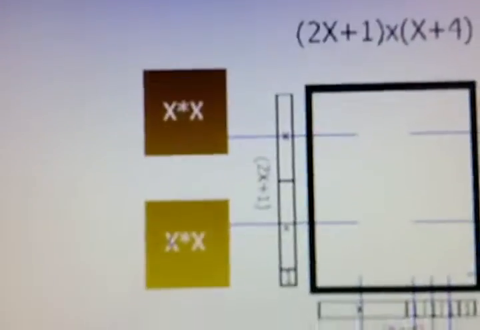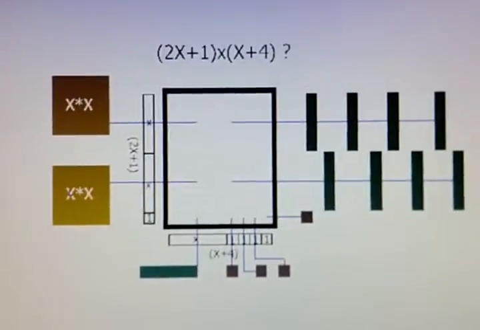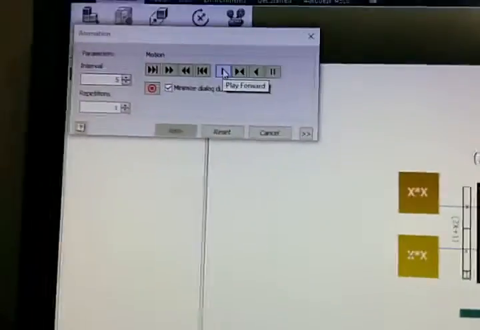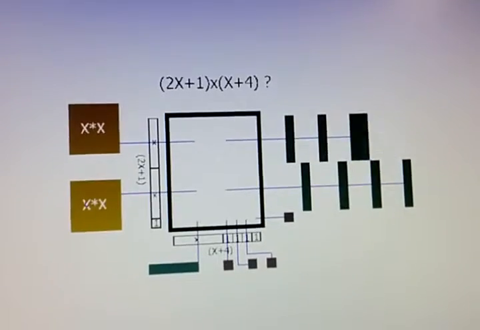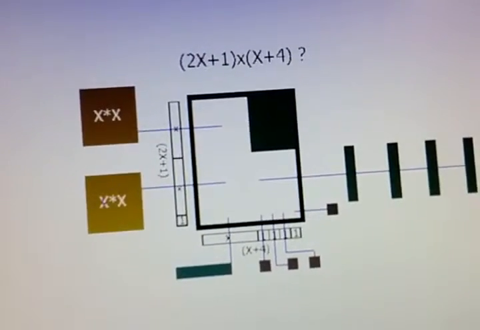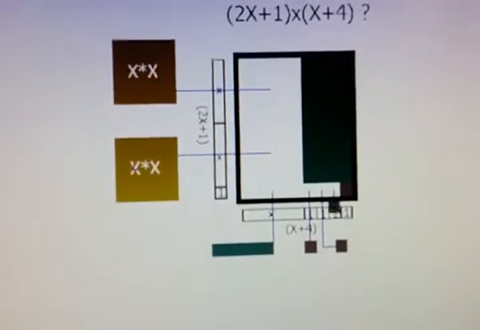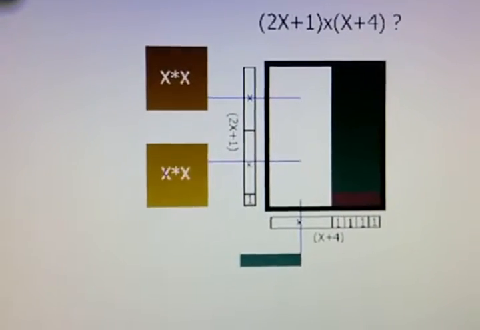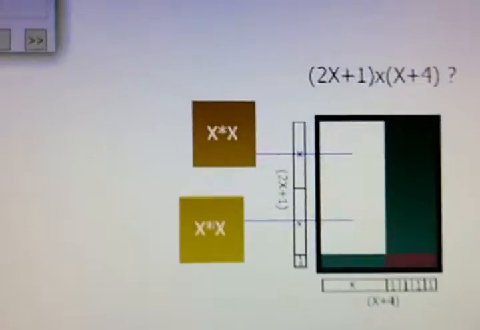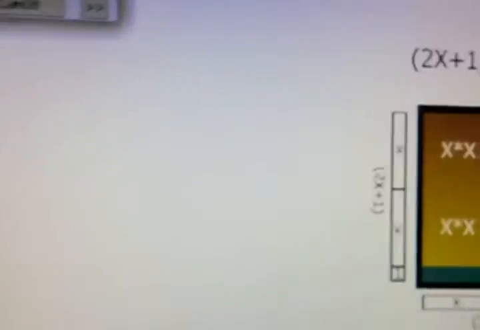Here we can see the individual parts of the solution, and once we start the animation, all the parts come in. These are the x into 1 parts, there come the constant parts, and then also the x square.